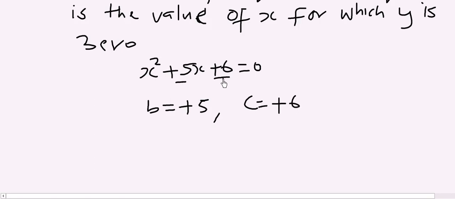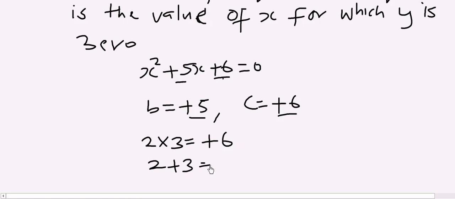So we look for two factors which when multiplied give us the constant plus 6, but when added give us the coefficient of x, plus 5. The factors that come to mind are 2 and 3, so that 2 times 3 is equal to plus 6, and 2 plus 3 is equal to plus 5.